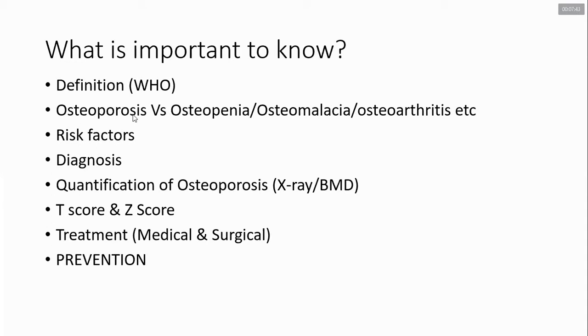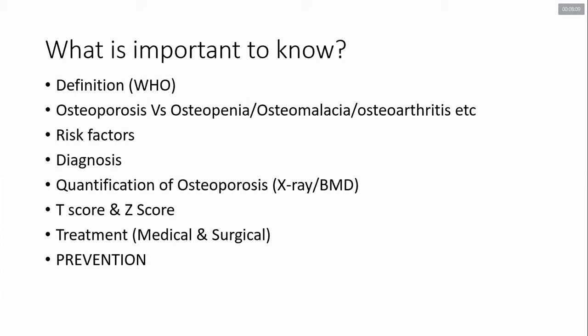Osteoporosis is a quantitative defect, whereas osteomalacia, osteoarthritis and the like are qualitative defects. Just remember that, and you should be able to identify the risk factors for osteoporosis and which patients need to undergo screening for osteoporosis and provisional treatment.